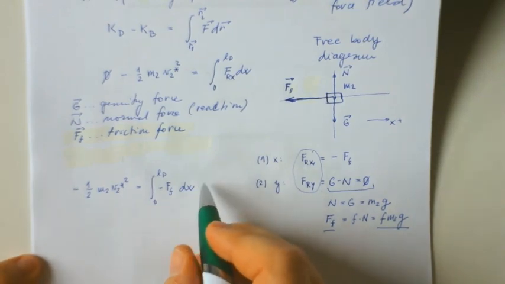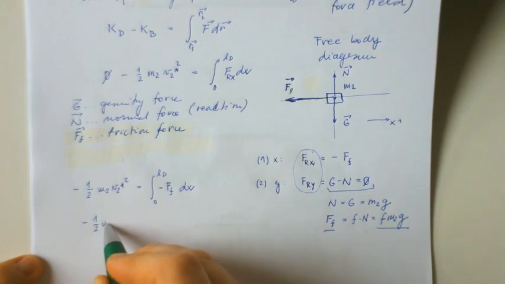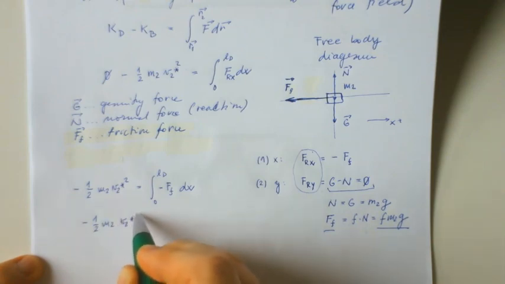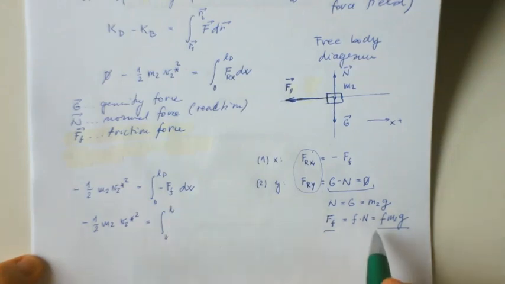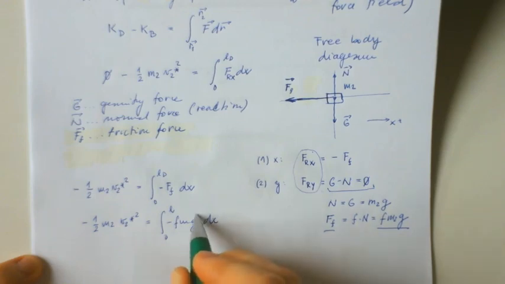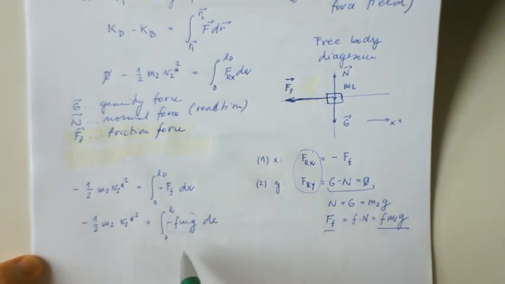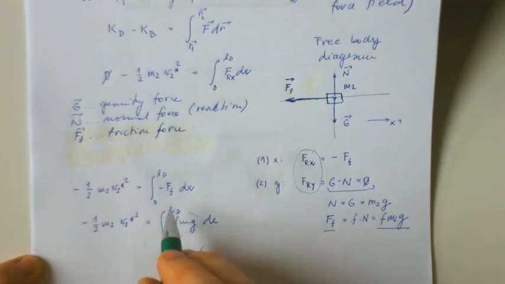We can substitute it here. So it is equal to the integral from 0 to LD of minus F m g dx, and all these parameters are constant, so we can put them out of the integration and integrate only dx in limits from 0 to LD.